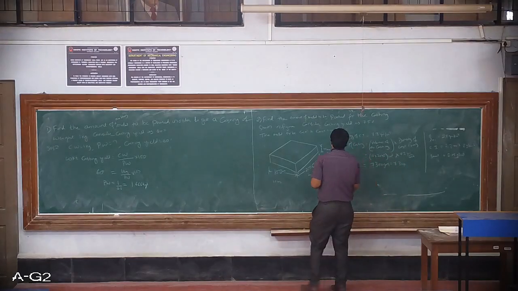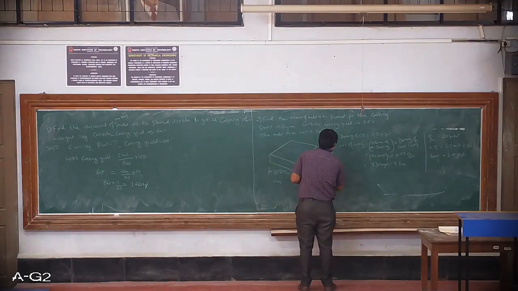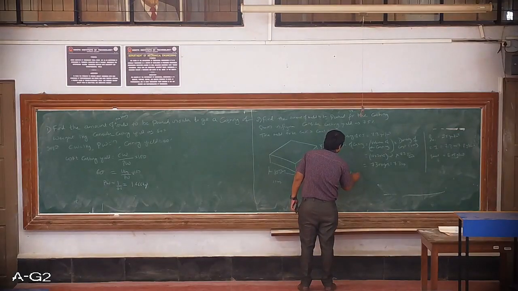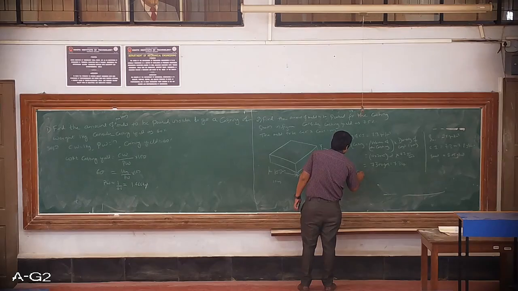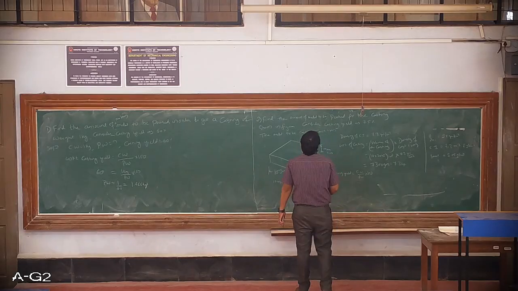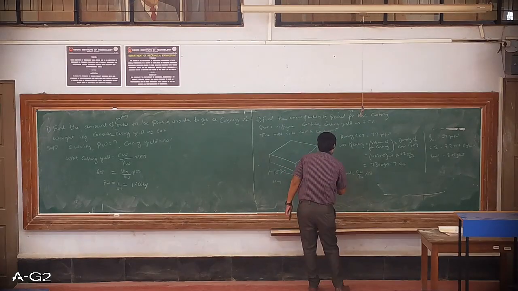Now casting yield is equal to casting weight divided by pouring weight into 100. Casting yield is given, that is 75%.